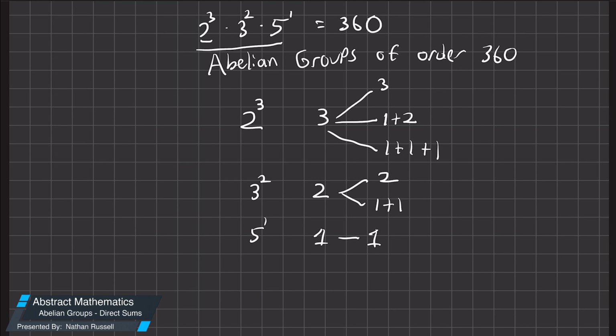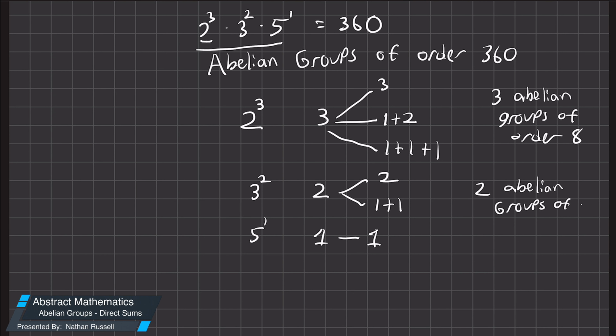So we have 3 abelian groups of order 8. We have 2 abelian groups of order 9. And we have 1 abelian group of order 5.